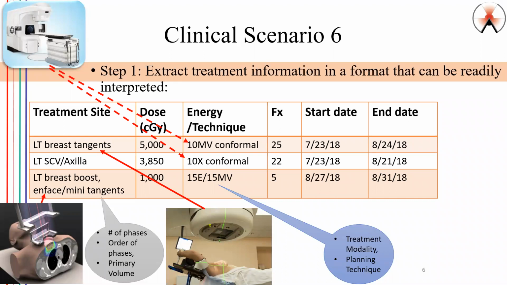And that tells me a lot about the codes that I should be looking at. Breast tangents, for example, and again, I'm going to go over this in greater detail, tells me a couple of things. It tells me that a linear accelerator was used, and it gives me an idea of the direction of that photon beam as it treats that patient.